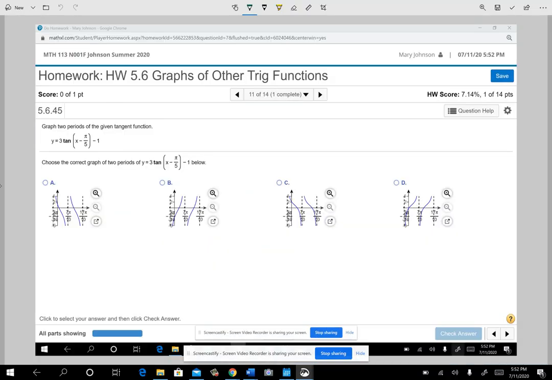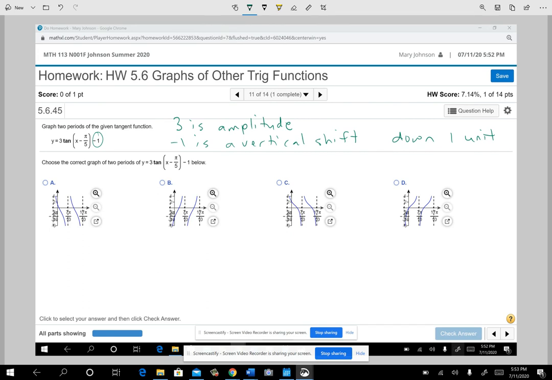Okay, so I know 3 is the amplitude. That just means it's been stretched. So every point is 3 times as far from the x-axis. Okay, and then you see the -1 at the end. It's a vertical shift, but it's going to be down since it's negative. So it's going to go down 1 unit from where I'm used to it being, okay?